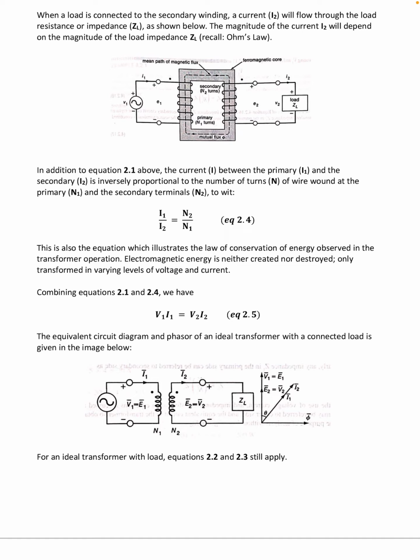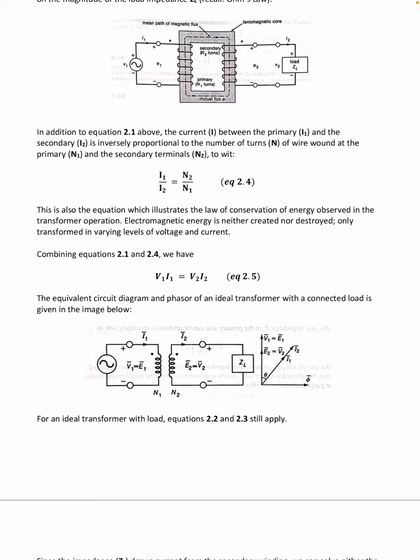So if voltage is directly proportional to the number of turns, the current in this case is inversely proportional. So kung mudako ang voltage, mugamay ang current, or kung mugamay ang voltage, mudako ang current. This is the consequence of stepping up or stepping down the voltage in a transformer, and this also illustrates that energy passing through the transformer is conserved.